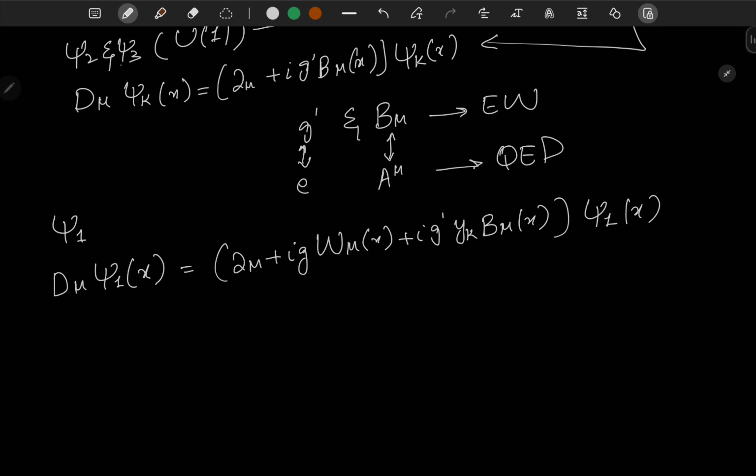This is the covariant derivative that we are going to use for the psi 1 field, which is a doublet.